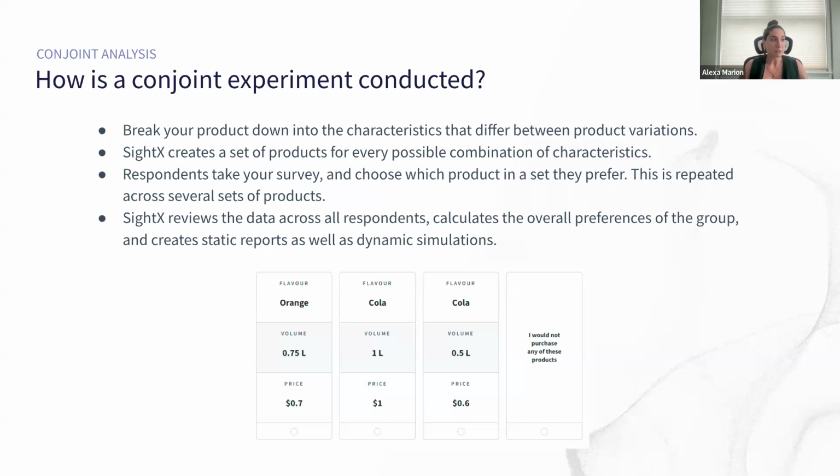And so respondents would go through several sets of these and choose which of these products they prefer. Jean will go over this in a little bit more detail, but just wanted to showcase that to get everyone oriented here. So once respondents have taken the survey, SightX reviews the data across all of those respondents and calculates the overall preferences of the group, which enables us to provide you with static reports as well as dynamic simulations.